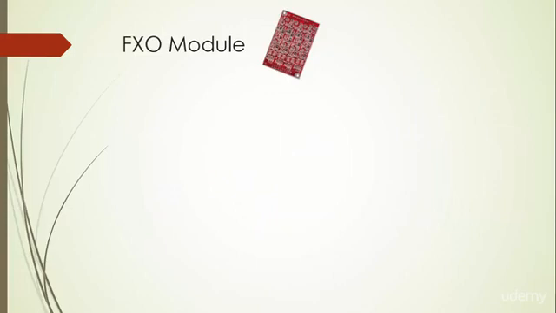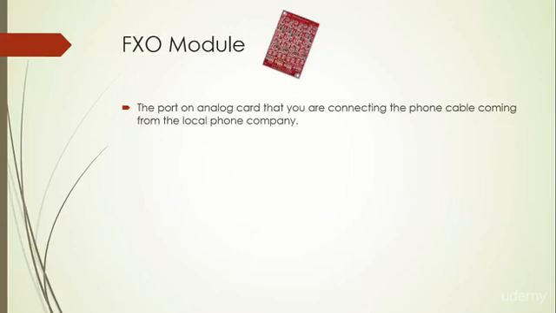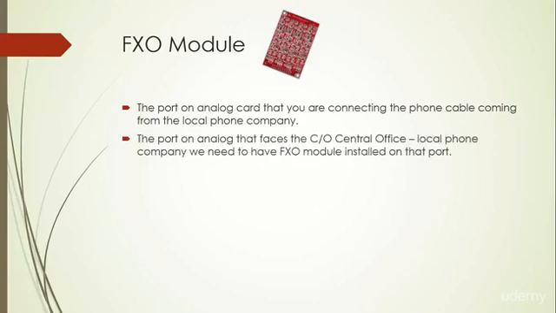FXO module. The port on analog card that you are connecting the phone cable coming from the local phone company. So this is the module that we will install on the port of the card where we are connecting a phone line which is coming from the local phone company.